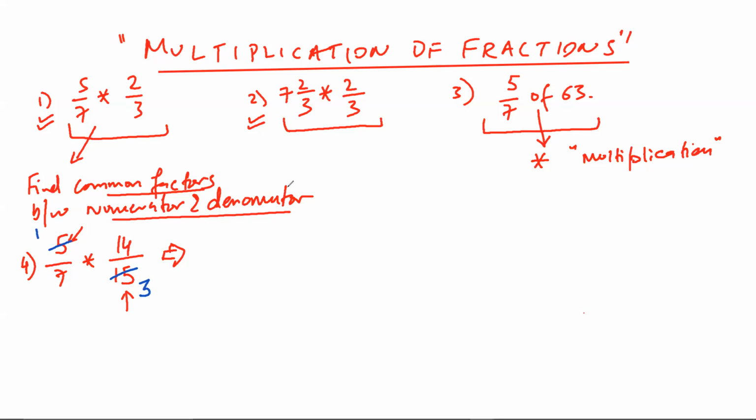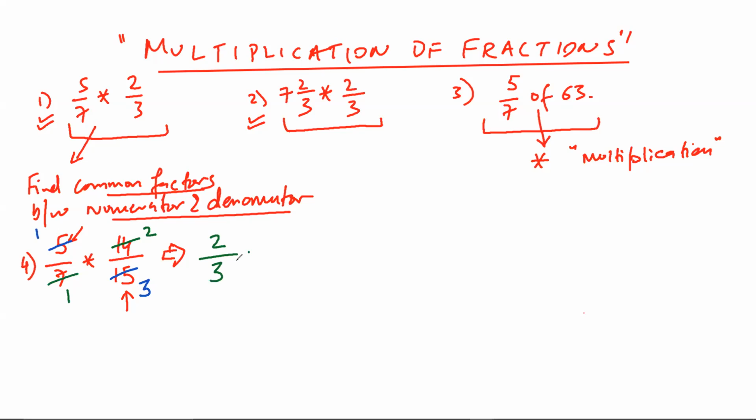Yes, sir. And when I look at 7 and 14, the common factor that I find is 7. So, 7 one the 7, 7 two the 14. So, 1 into 2 is 2, and 1 into 3 is 3. So, Sarthak, have you understood?